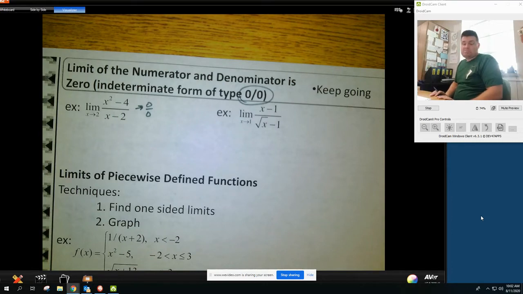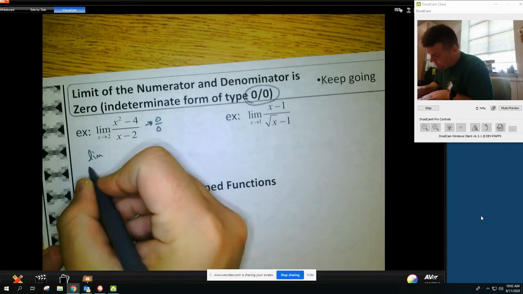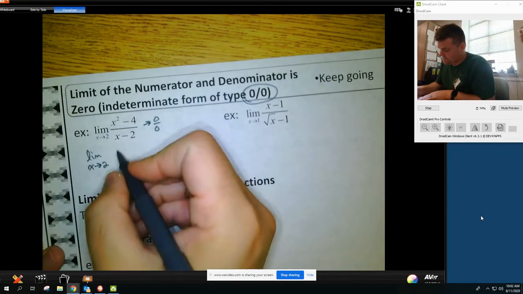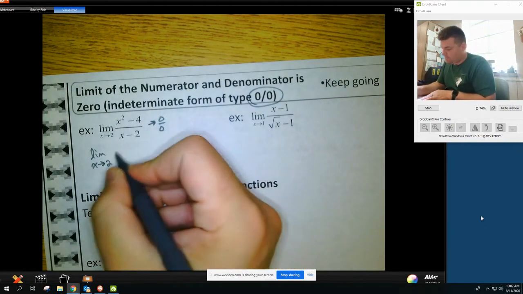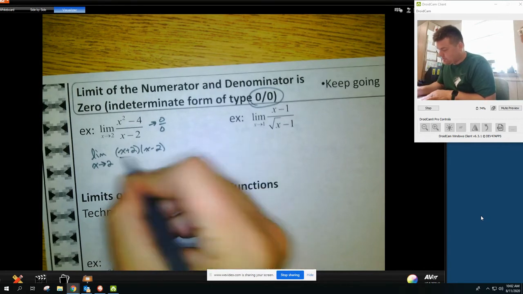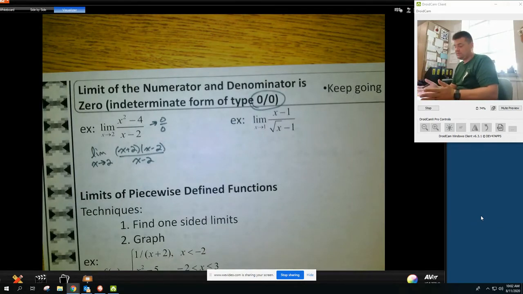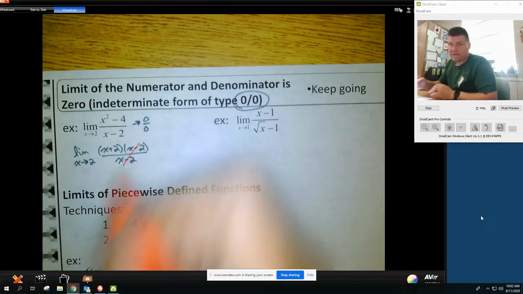So first thing here, I would just factor it. Anytime you do limit work, by the way, you actually have to write down that limit notation every single step until we actually plug in that 2. So factoring the top, we're going to get x plus 2, x minus 2, all over x minus 2. Something cancels out here, and whoop, that's gone.